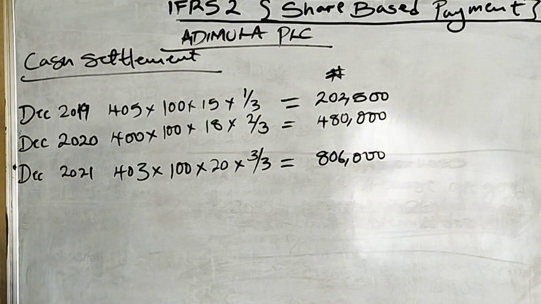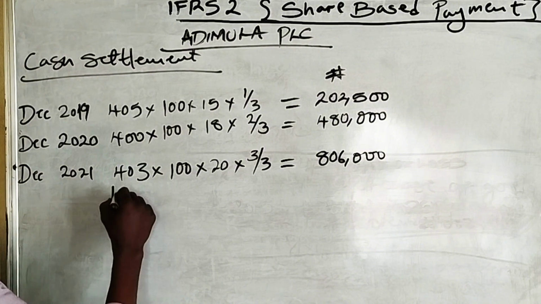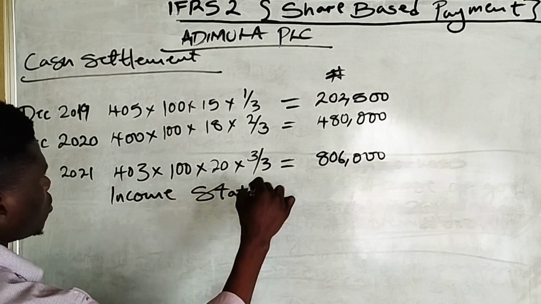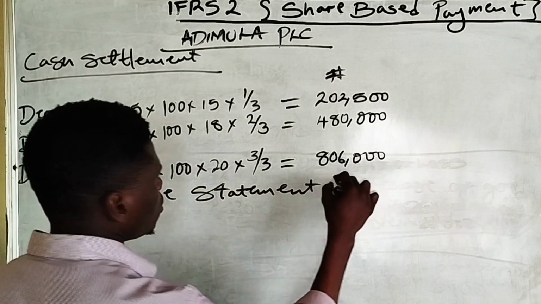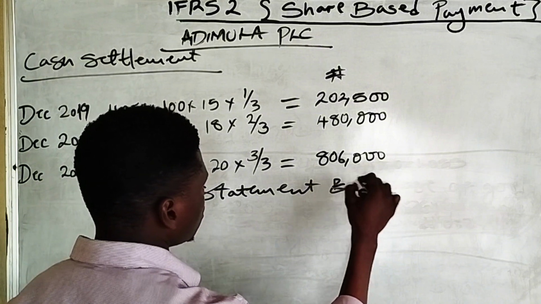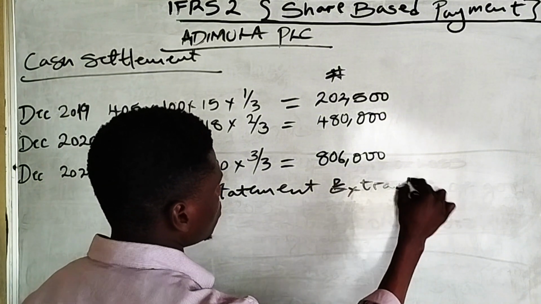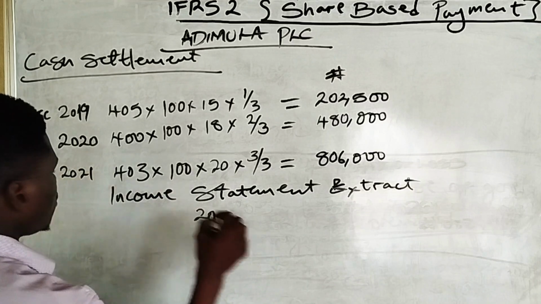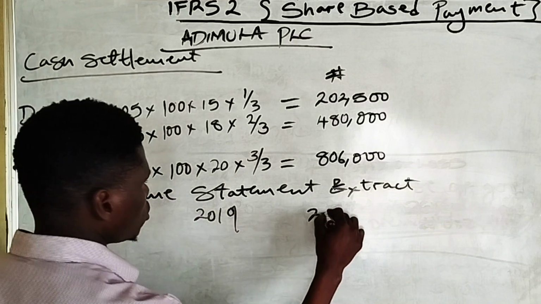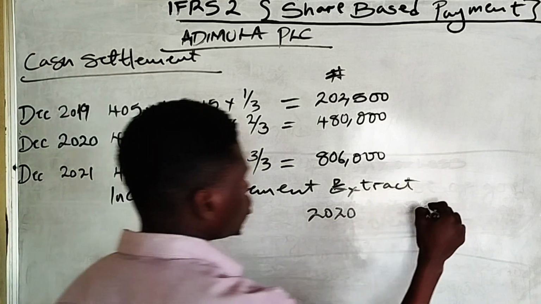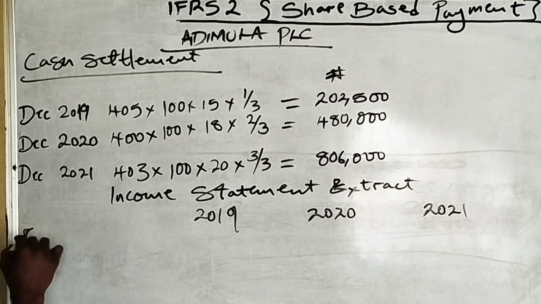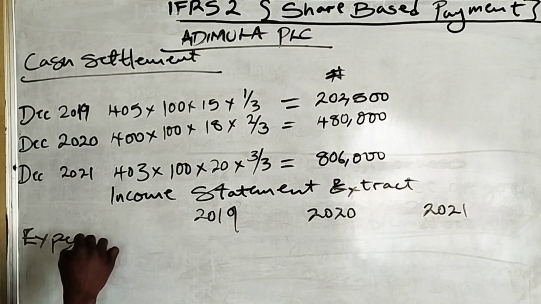So in the statement of profit or loss, which is the income statement, for 2019, 2020, and 2021, we will have expense as a head. Don't forget, it's just an extract.